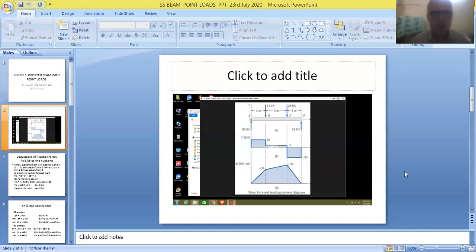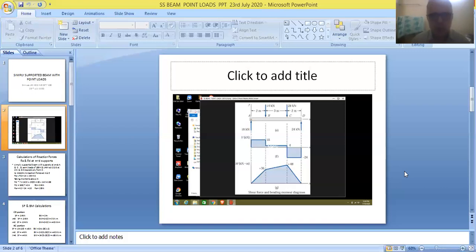It is called a bending moment diagram. So we are taking the values of shear forces and preparing a shear force diagram. We are taking the values of bending moments and preparing a bending moment diagram.